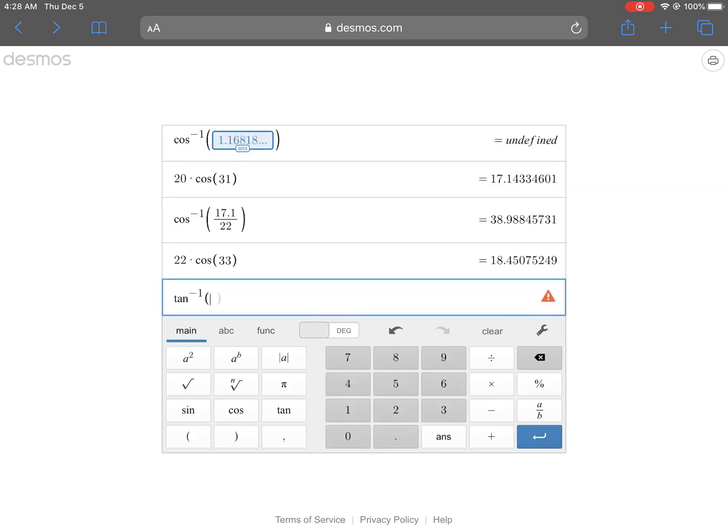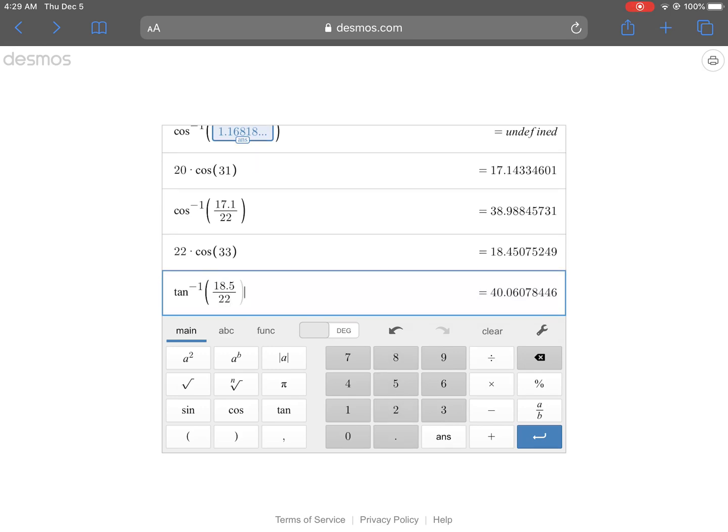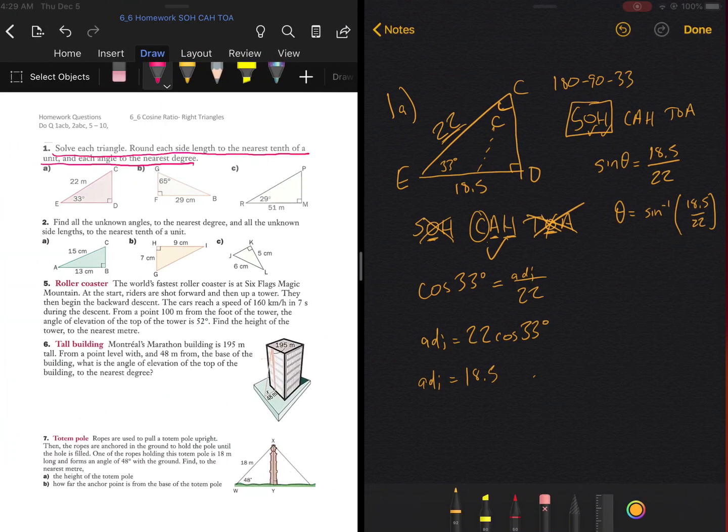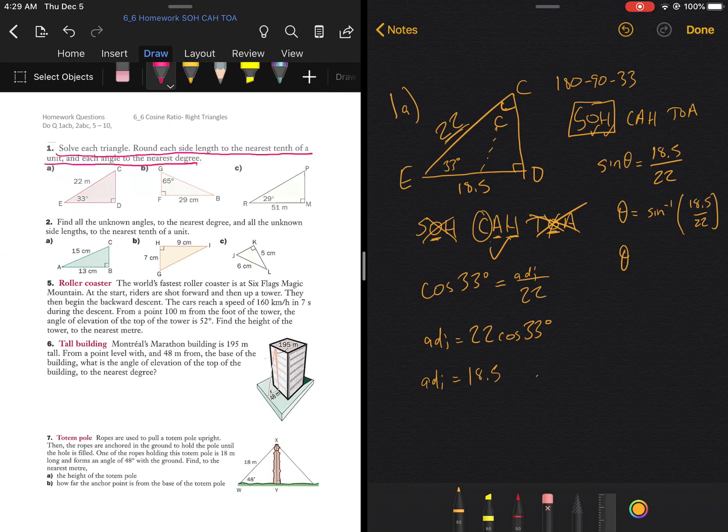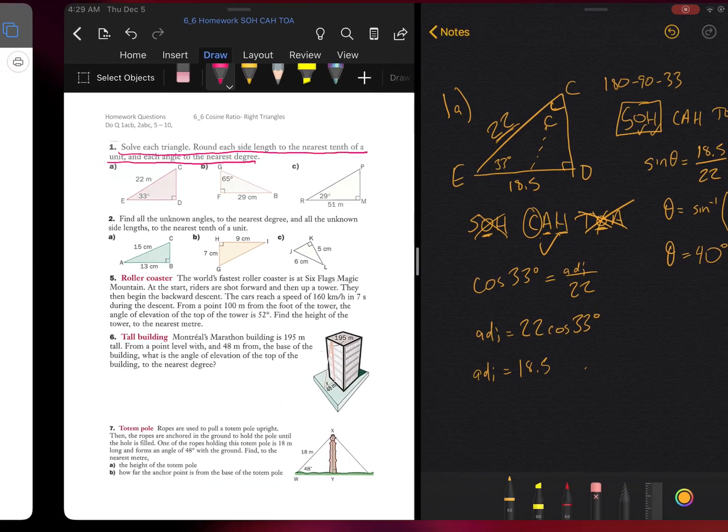Inverse sin, 18.5 divided by 22. The angle's 40 degrees. Something's wrong with that. I think there's a mistake somewhere.